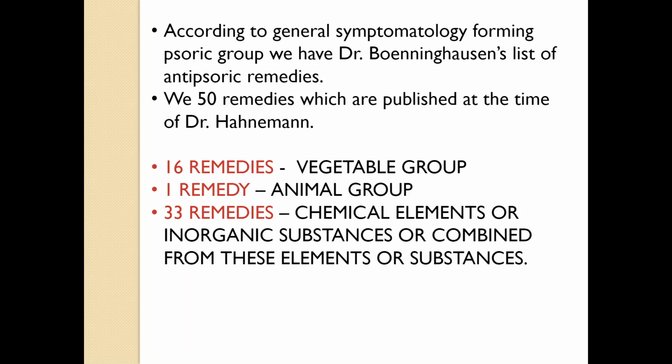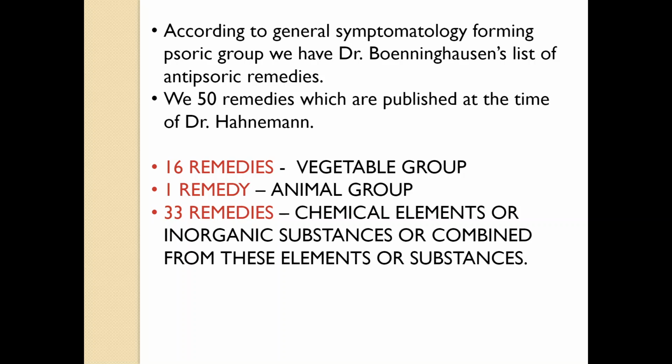Okay, so these were published at the time of Dr. Hahnemann. Out of those remedies, 16 remedies are from the vegetable group, 1 remedy from the animal group, and 33 remedies are the chemical elements or inorganic substances, or combined from these elements or substances.